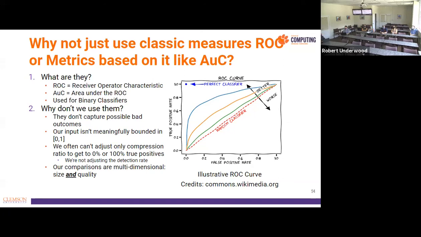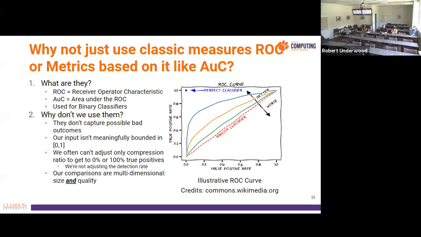The first answer is that they don't capture the ill-sortedness and thresholding metrics that we talked about as potential problems that can indicate lack of generalizability. Additionally, they aren't meaningfully bounded on the 0-1 interval.